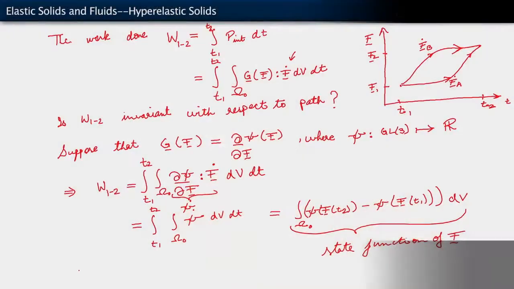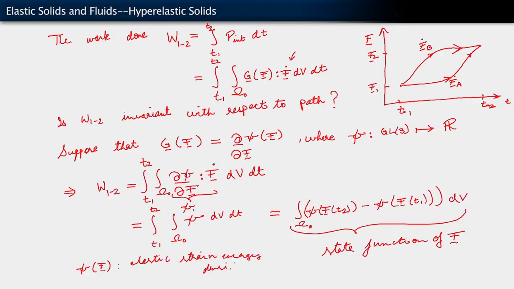Okay, so I'm going to call psi, a function of F, the elastic strain energy density. You understand why it's called a density, right? Because in order to get the total work, we have to integrate over the volume, so it really is a density.